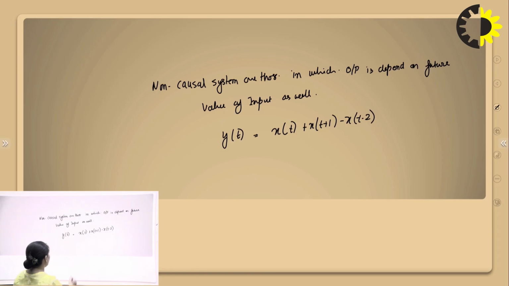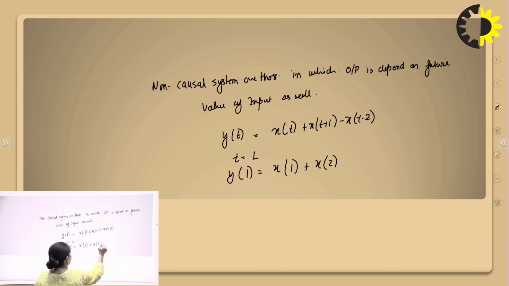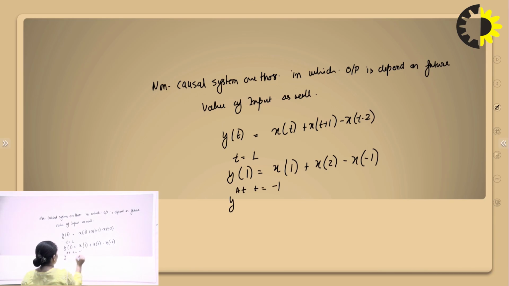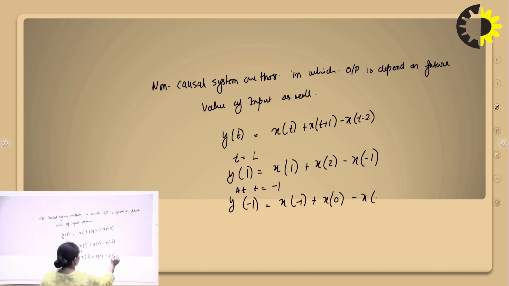Now at t equals 1, we have y of 1 equal to x of 1 plus x of 2 minus x of minus 1. And at t equals minus 1, y of minus 1 is x of minus 1 plus x of 0 minus x of minus 3.